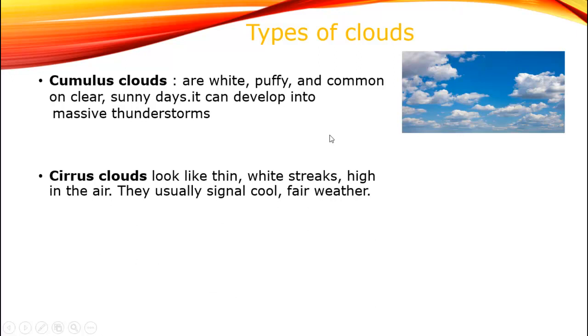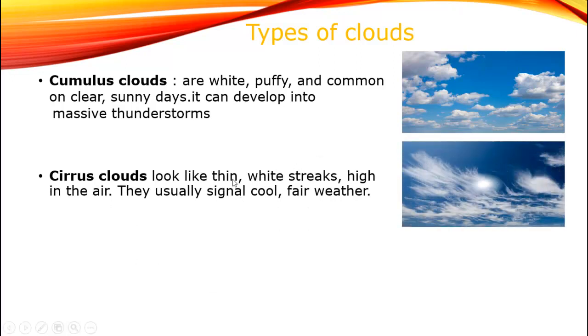Cirrus cloud is like thin white streaks high in the air, and they are usually a sign of cool and fair weather. And fair weather means fine weather. So the cirrus cloud is thin white streaks found high in the air, and usually a sign of cool and fair weather.